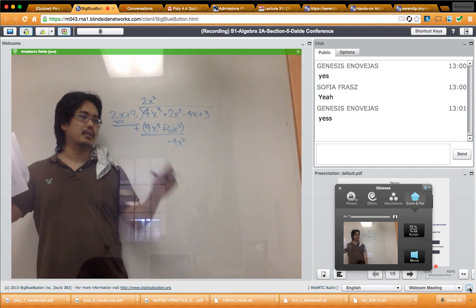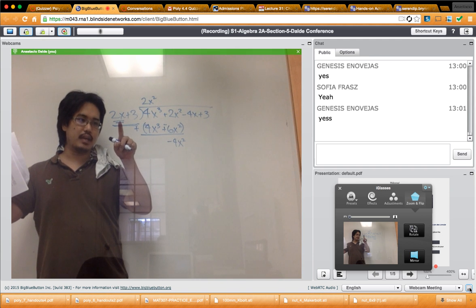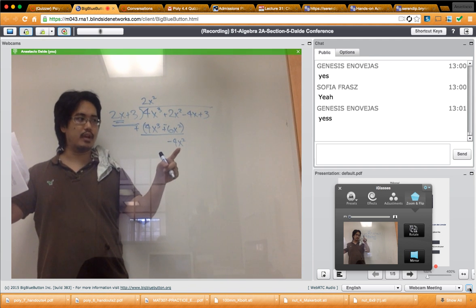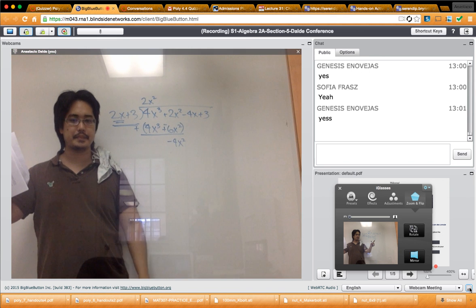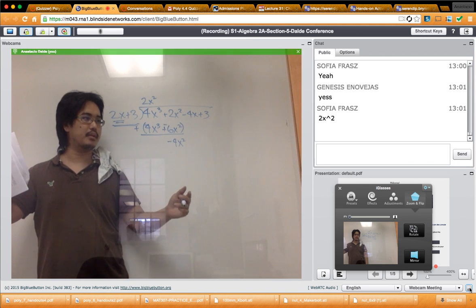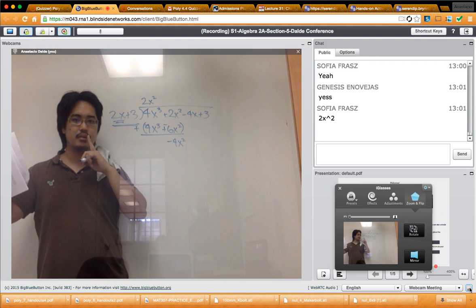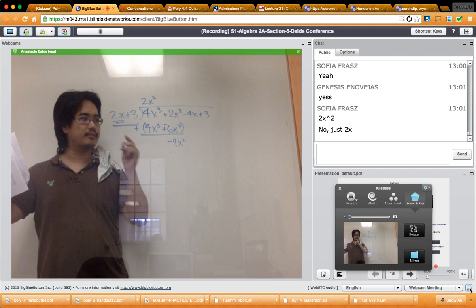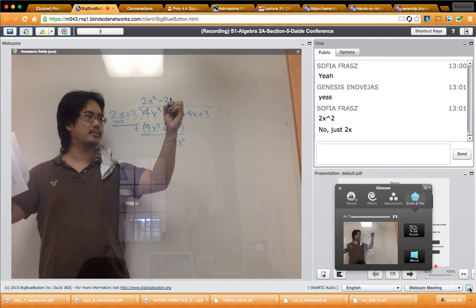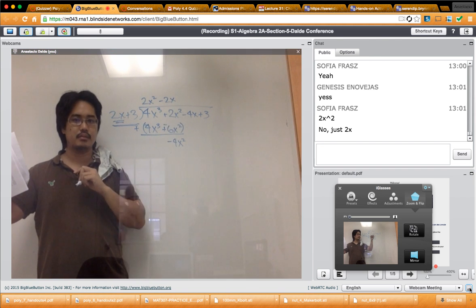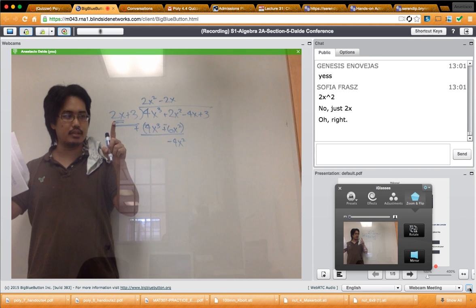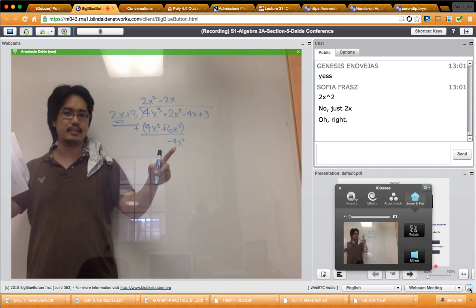So what do I have to multiply the 2x by to give me 4x squared? 2x squared. No, just 2x. Actually, negative 2x. Right, because I want to multiply the 2x to get negative 4x squared.